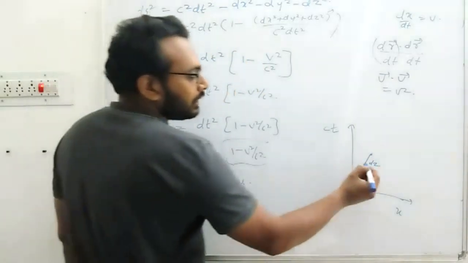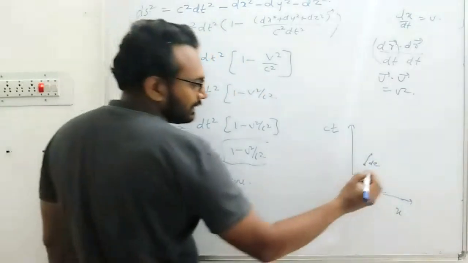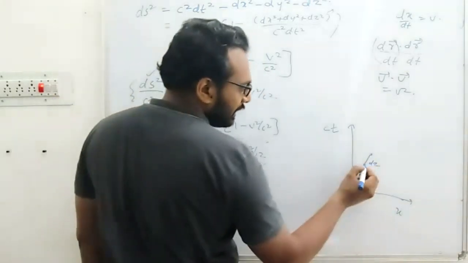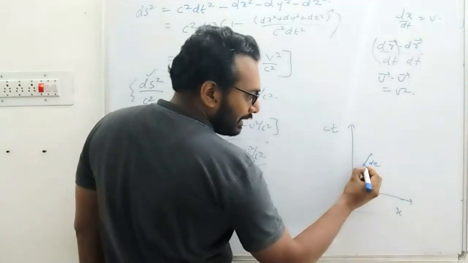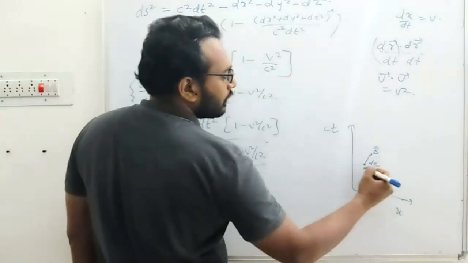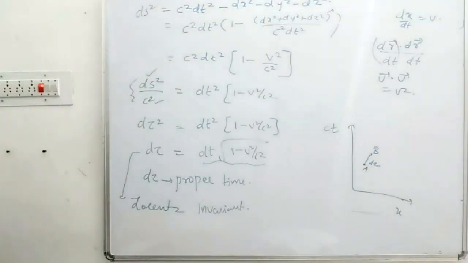Proper time is the time measured on a clock which is at rest. So in this case, this proper time gets a slightly interesting meaning. The proper time here is the time elapsed on a clock which is moving from this event to that event, from A to B. So that's the proper time, and that's a Lorentz invariant quantity.